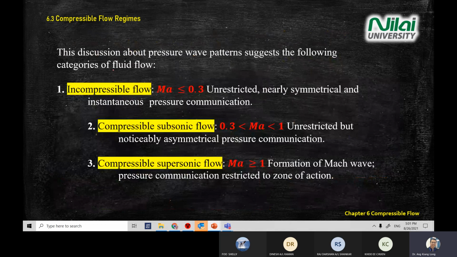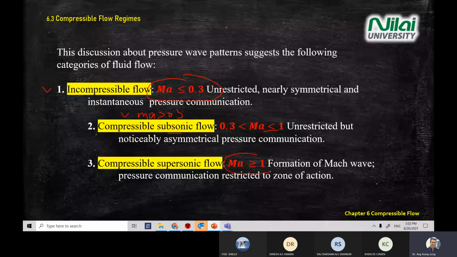So this one you can read. Importantly, when your Mach number is less than 0.3, you have incompressible flow. When it is between 0.3 and 1, you get compressible flow because your Mach number is more than 0.3. However, if less than 1, we call it subsonic.